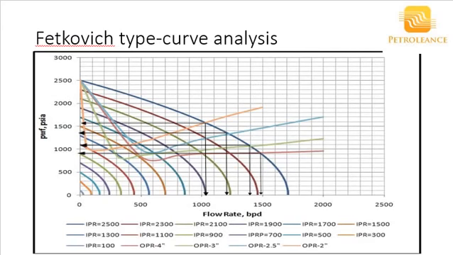In this graph we see how the bottom hole pressure changes from 2500 almost to zero, and there are different tubing sizes, and for each tubing size we have the optimal rate.